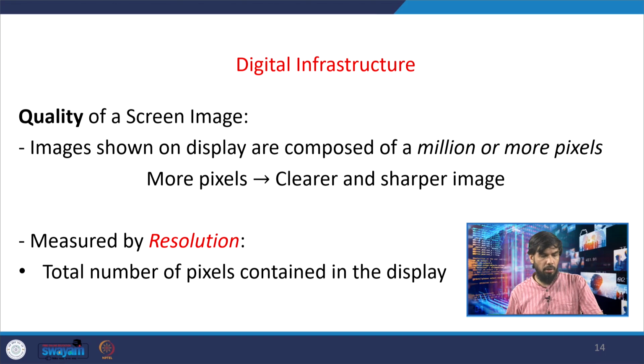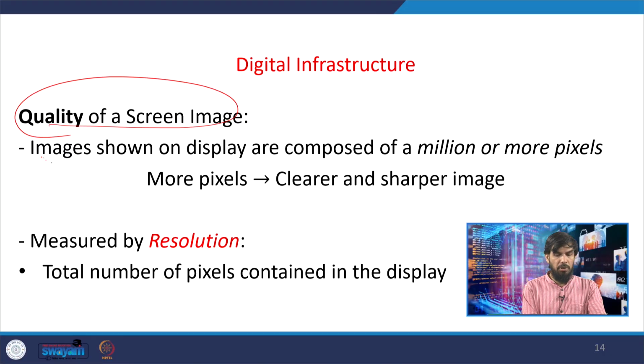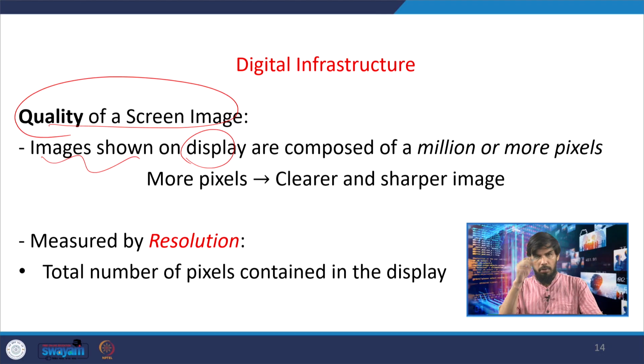Then moving on, the next point is about the quality of a screen image, right. How do we judge the quality of a screen image? Images that typically are shown are composed of millions or more pixels. When you are setting your screen resolution in your computers, you will see the options.